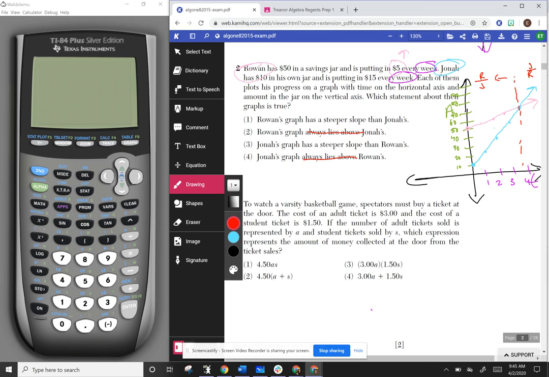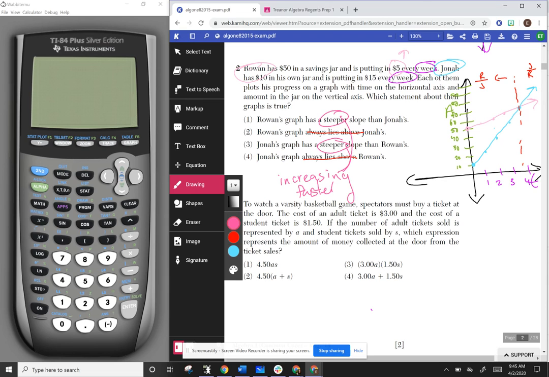Okay? And now for options 1 and 3, they're comparing the slope. So which one is steeper? So when we say steeper, we mean increasing faster. Right?